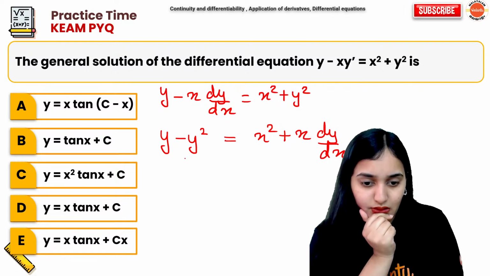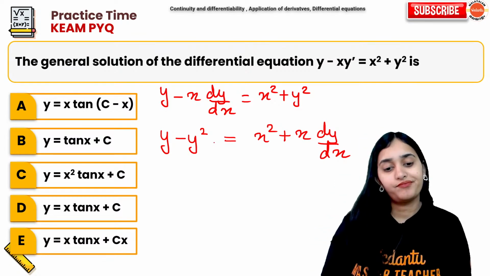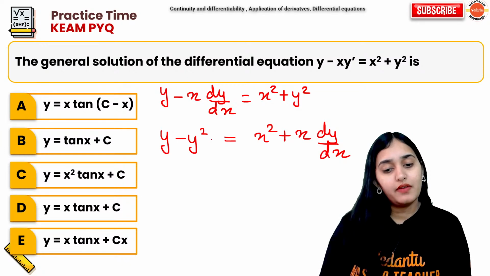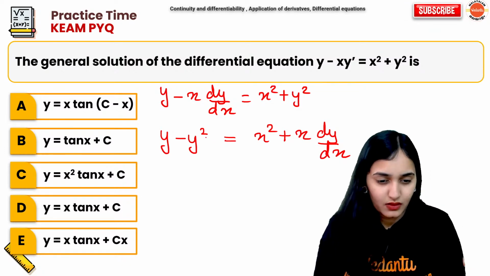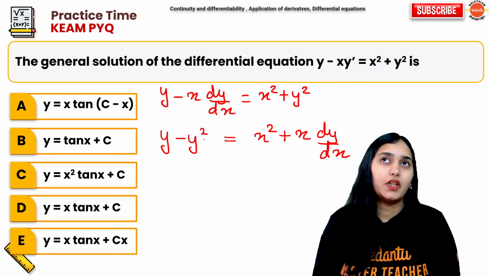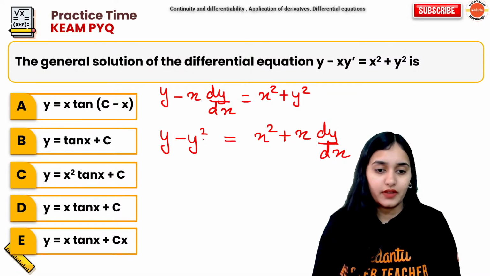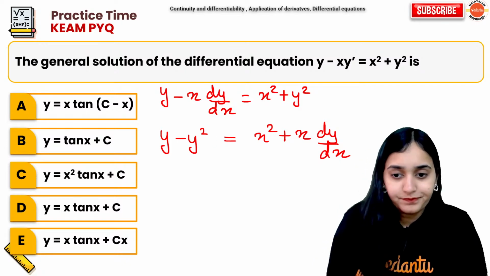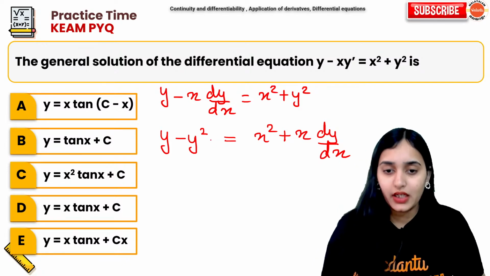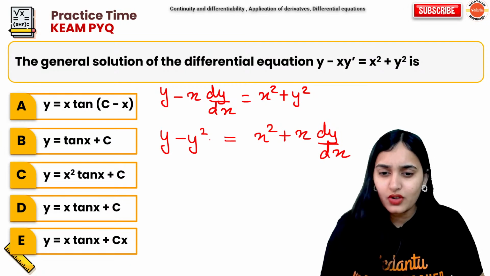dy by dx minus x square upon x. Even if we divide by x, we will not be able to solve it. Or can we do it like the homogeneous one?